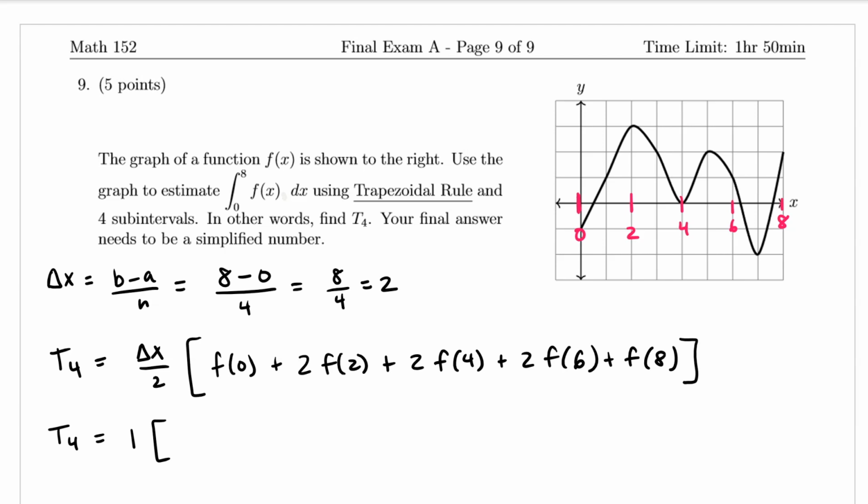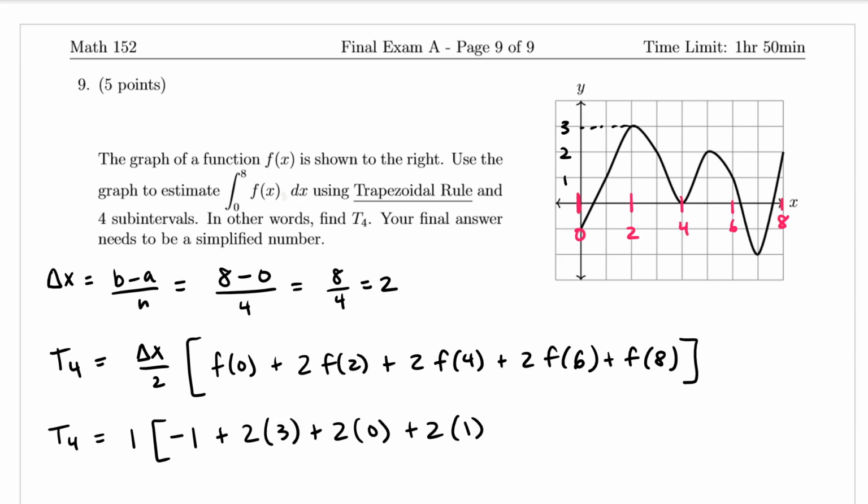Now f of 0, we are just reading these values off of the graph. f of 0 is -1, and then we have 2 times f of 2, which is 3. And then we have 2 times f of 4, which is 0 off of the graph. Then plus 2 times f of 6, which is 1.